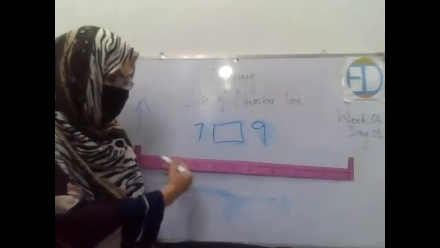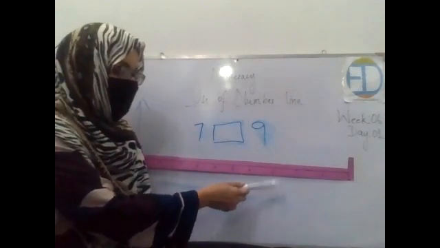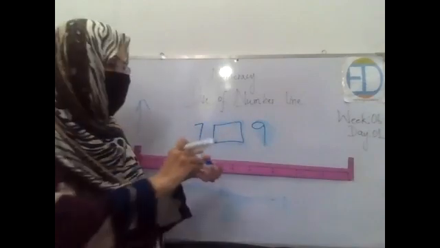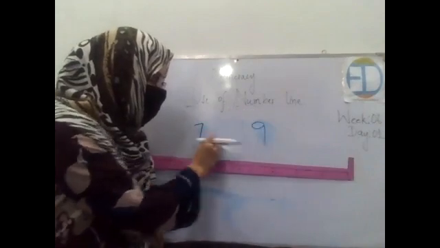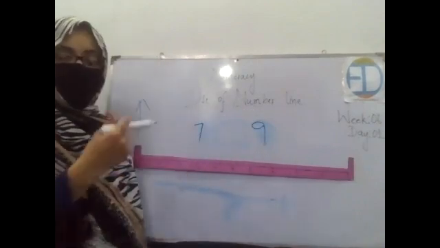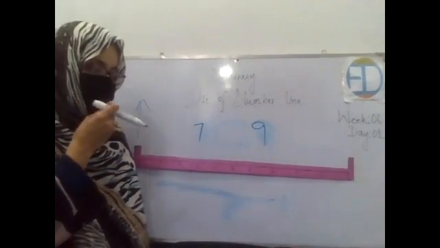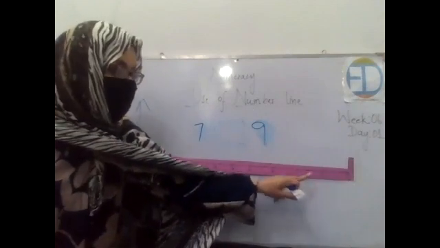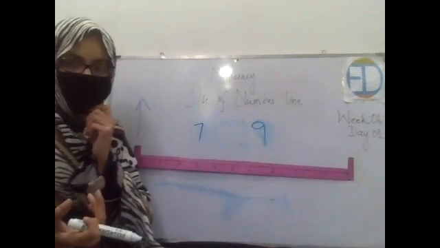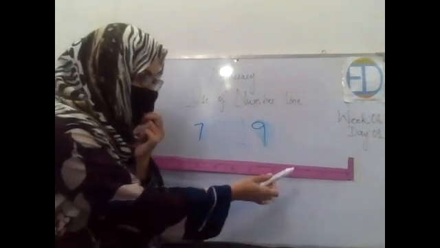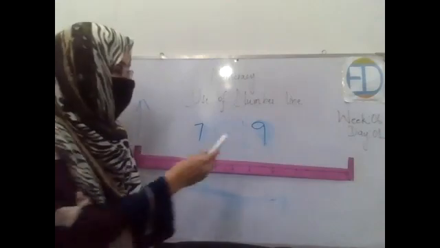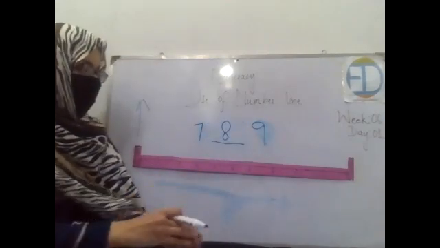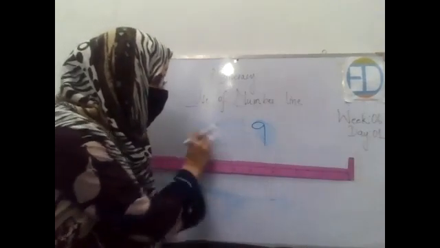Let's say if I do not draw this square, and you don't have any idea how many numbers come in between 7 and 9, what you will do is first look on the number line at how many numbers come in between 7 and 9. From here you get an idea that only one number comes between, so you will draw a blank over here. And now what is the number? 8.